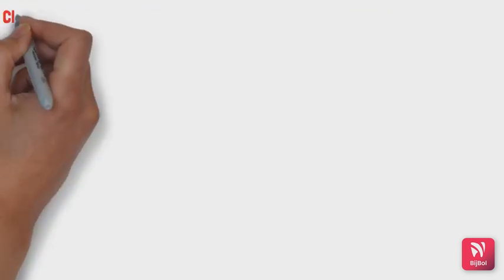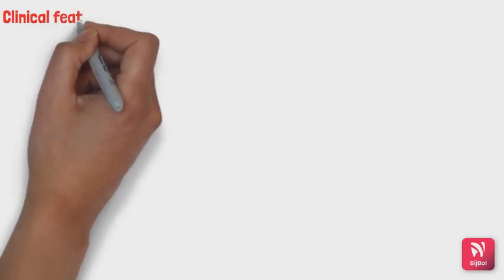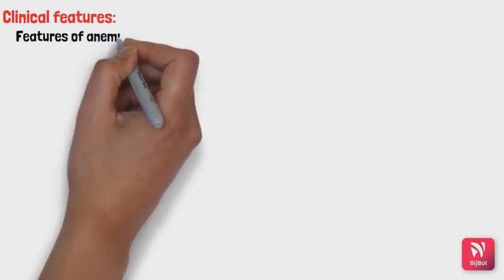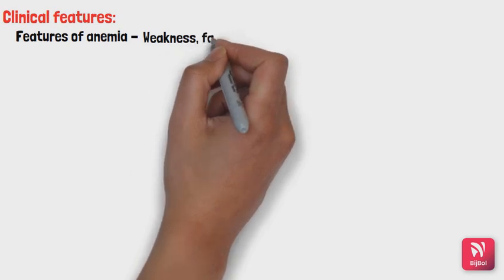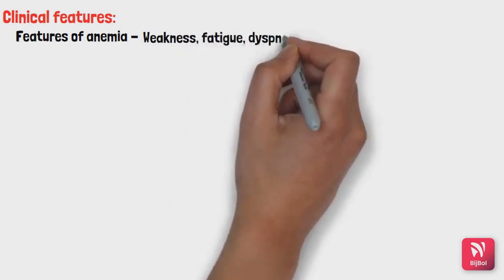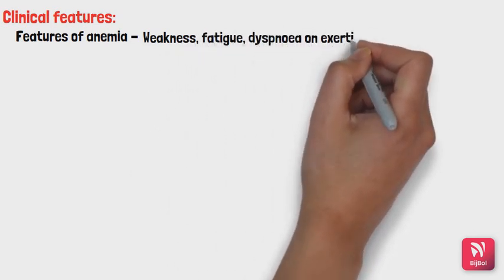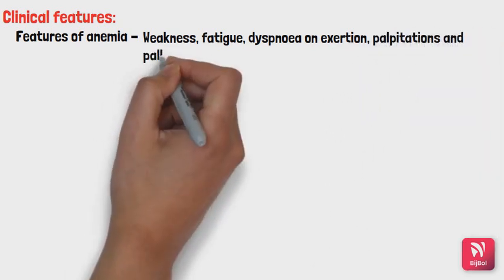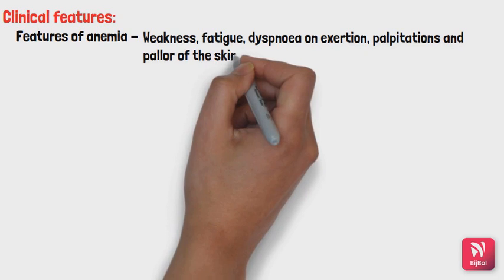Now let's move into clinical features of iron deficiency anemia. First, as it is anemia, generalized features of anemia will be there in any anemia. What are the general features of anemia? Weakness, fatigue, dyspnea on exertion, palpitations, and you can see pallor of skin, mucous membrane and sclerae.